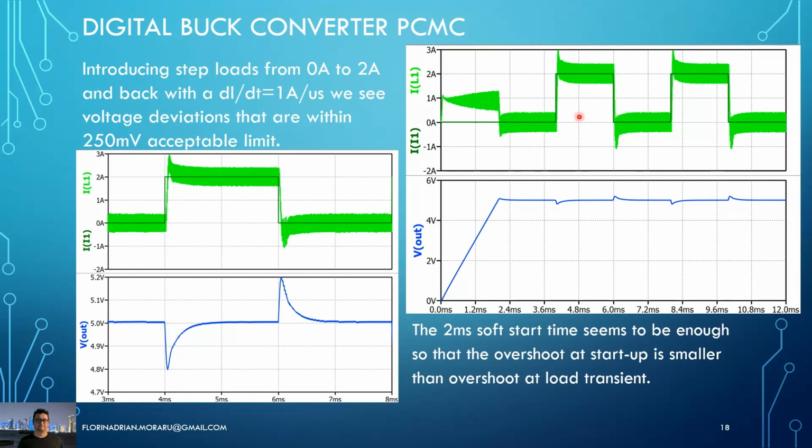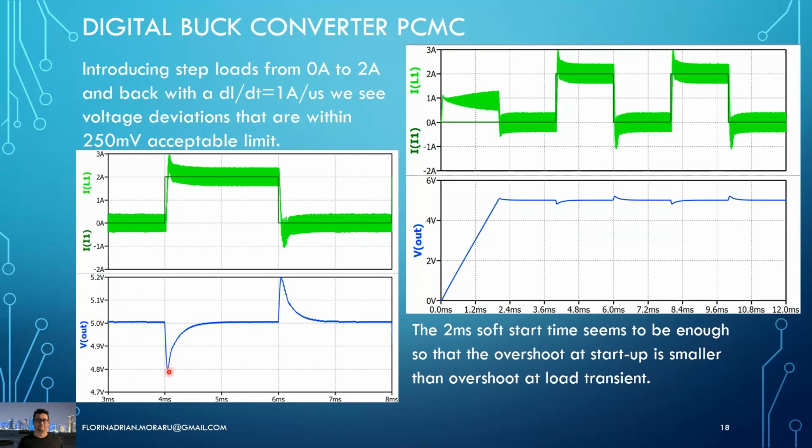And as you can see here, in dark green is actually the current. In bright green, we have the inductor current. And here in blue, we have the output voltage. You can see the voltage dip, or the undershoot and overshoot, are around 200 millivolts.